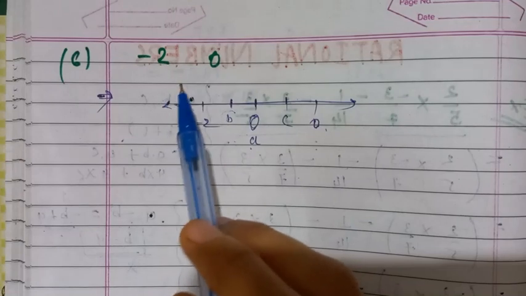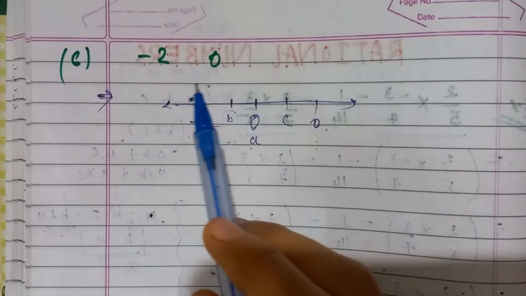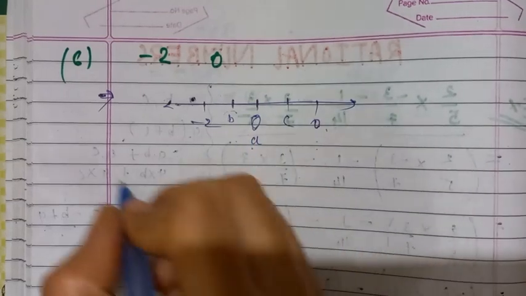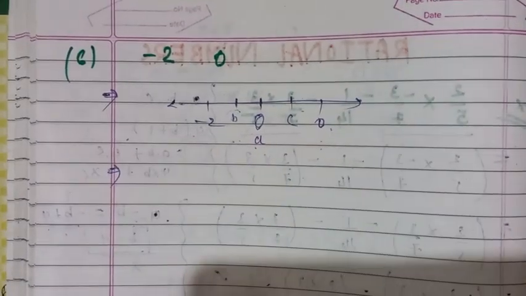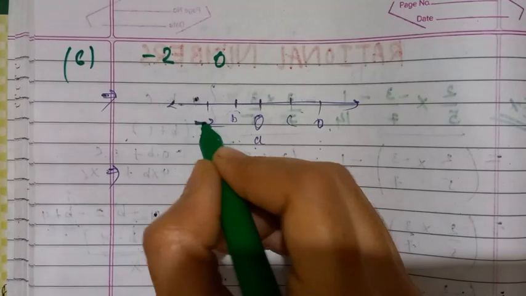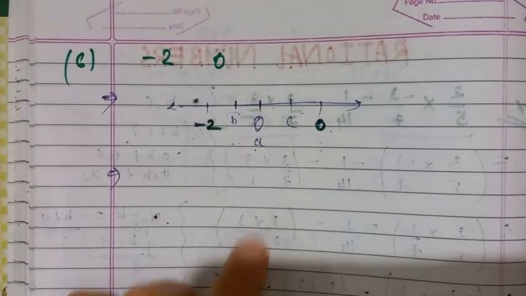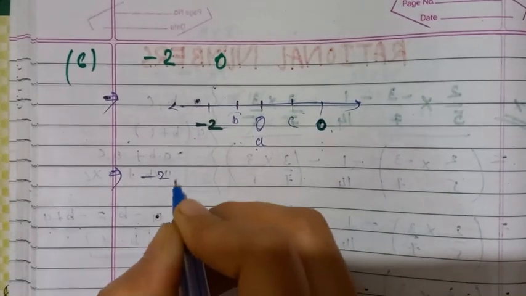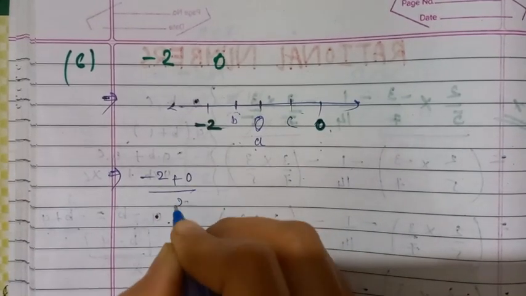In the book you can also see another solution. So let's see this. First we take the mean of minus 2 and 0. So minus 2 plus 0 by 2.